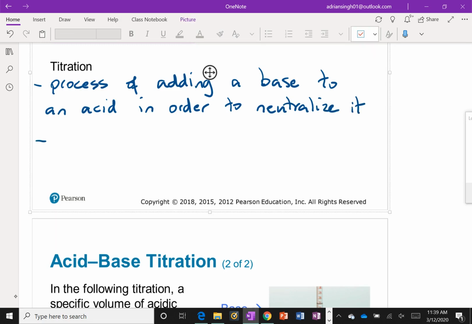And as a result of that, we can use the titration if we make some measurements in terms of the volumes that we used together with the concentrations of the base. For instance, we can calculate the concentration of the acid if we don't know what it is.